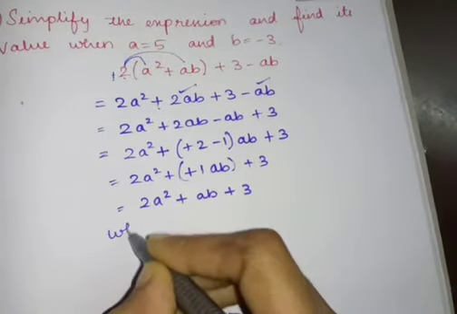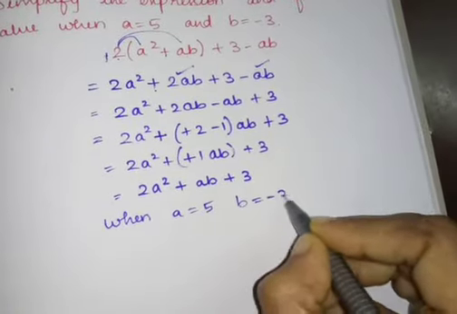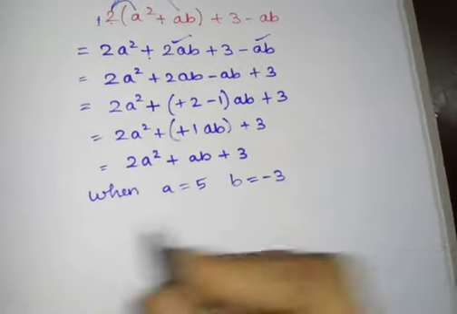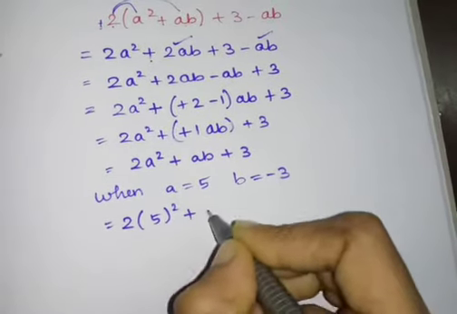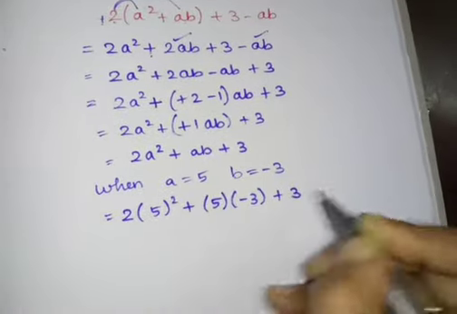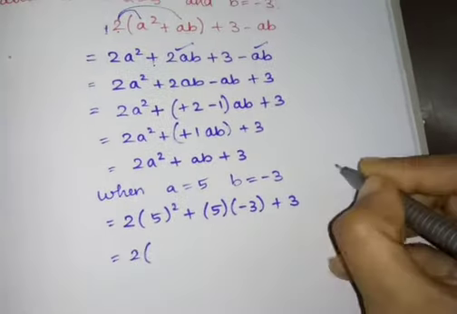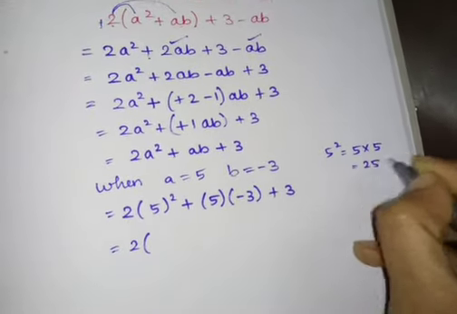Now when a is equal to 5, b is equal to minus 3, we just have to substitute it. 2 into a square, now 5 square, plus a into b, now 5 into minus 3, plus 3. Now 2 into 5 square, 5 square is nothing but 5 into 5, 5 5s are 25.